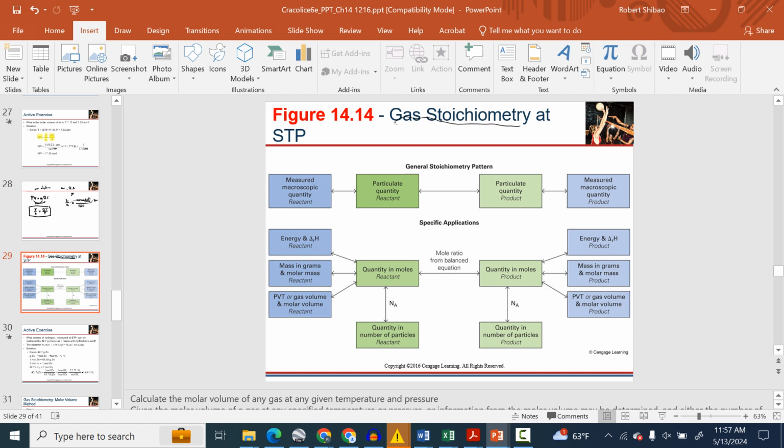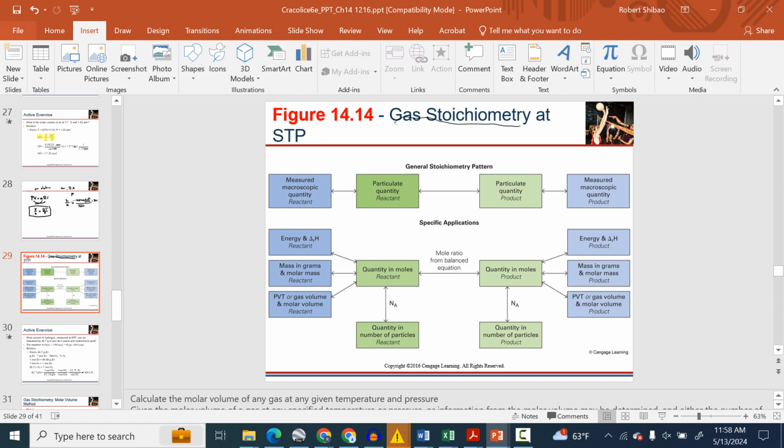The easiest is to do a liter-to-liter conversion using Avogadro's law. But if we don't do that, we can also do it this way too. So for example, if we have the pressure, volume, and temperature of a gas, then we can calculate the moles. The only thing that's missing is N. So we use the ideal gas law here as option 1, or option 2, we use the molar volume of the gas.